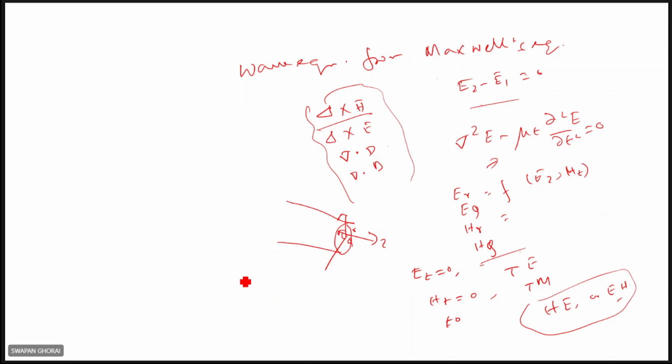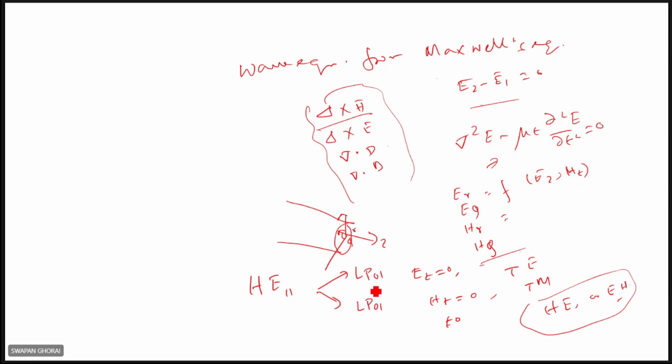In fact, as I told you several times, in single mode fiber, among these hybrid modes, the mode that is propagating is HE11. Of course, you cannot visualize this mode. Actually, it consists of two LP01 modes which are orthogonal to each other.